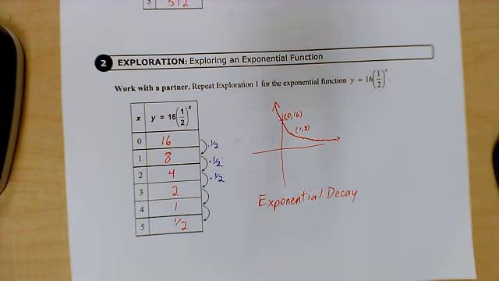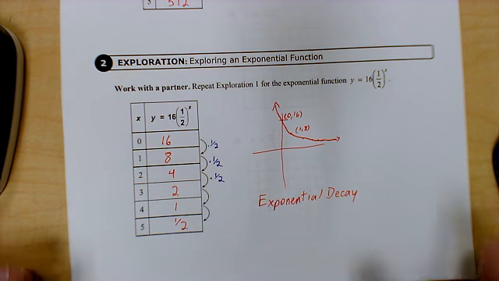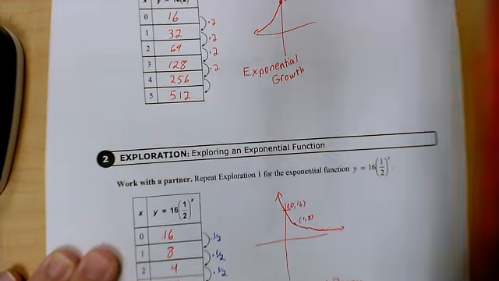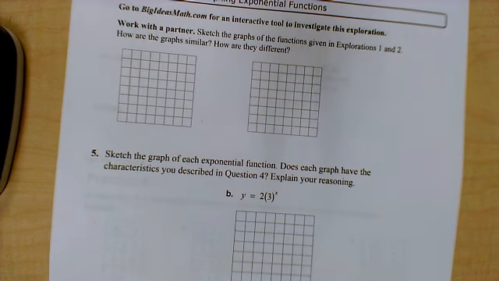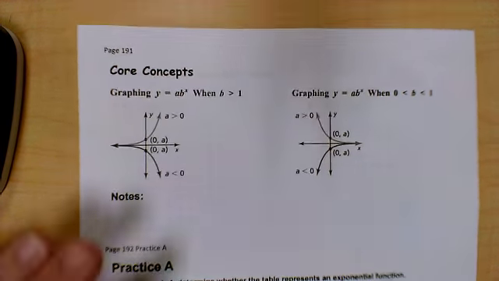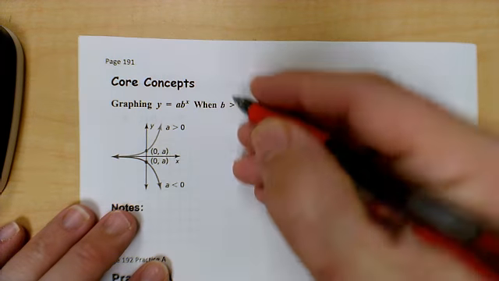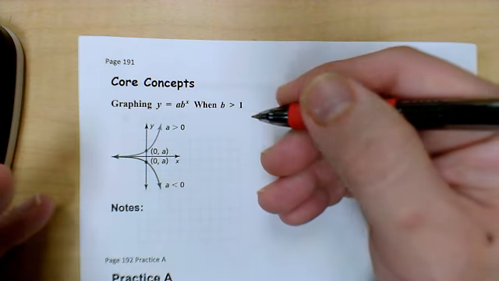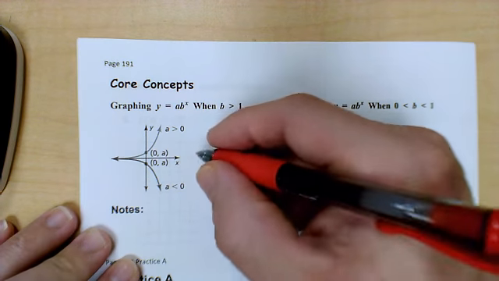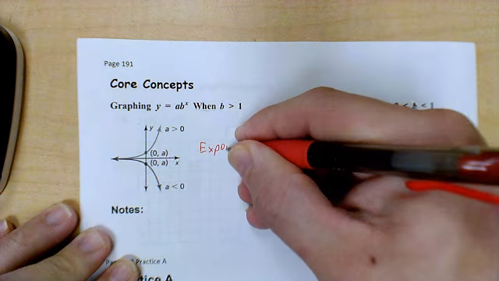If you're wondering, well, what makes one exponential growth and the other exponential decay? Well, that's simply the value of b that you have on it. So when I look over at page 191 and see my core concepts, on the first one, the value of b was greater than 1 because the value of b was 2. So we had exponential growth.